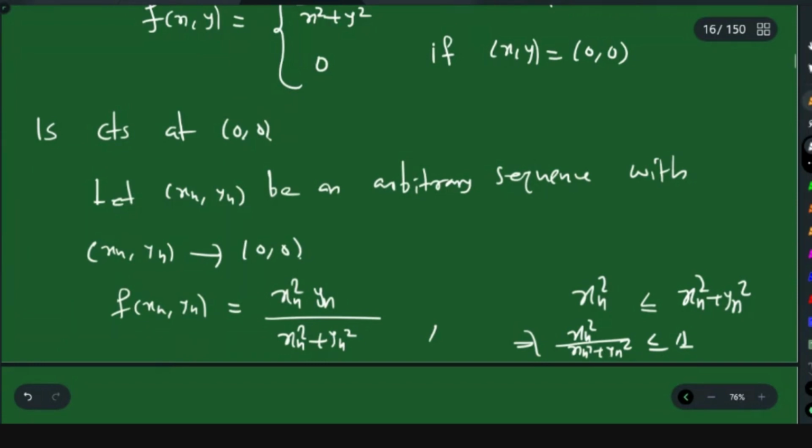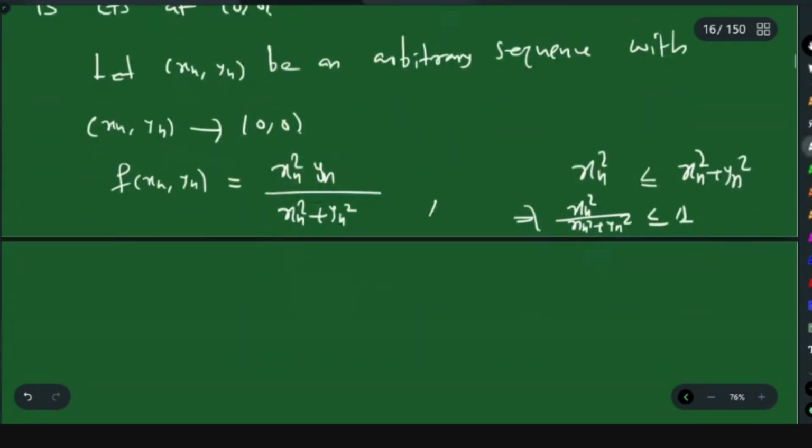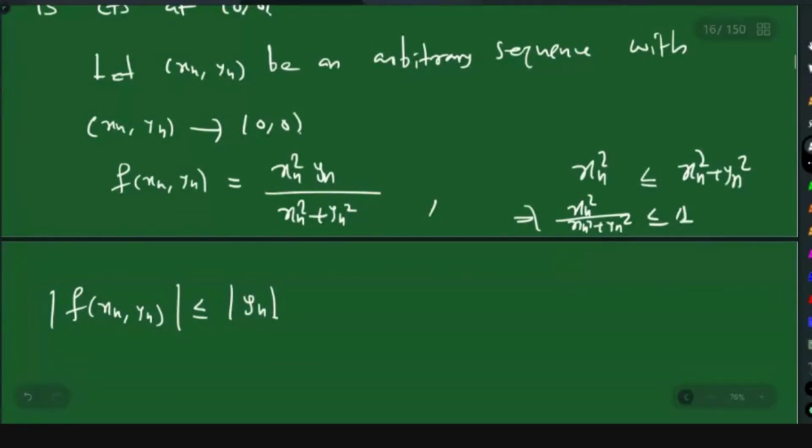So using that, you can see that the modulus of f(xn, yn) is always less than or equal to mod yn, because xn square divided by xn square plus yn square is always less than or equal to 1.